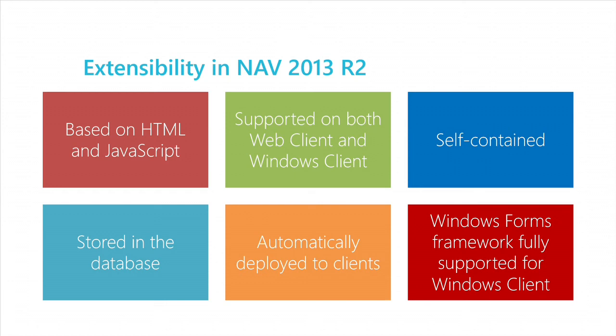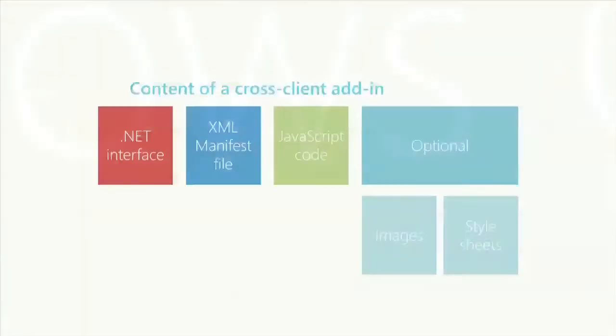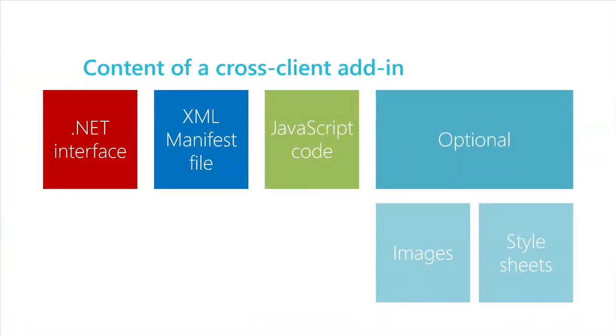If not, it sends this zip, unzips it there, and creates an HTML document on the fly and loads your stuff into that document and runs it. So no deployment required. And as I said, Windows Forms is fully supported on the Windows client, but also this framework is fully supported on the Windows client.